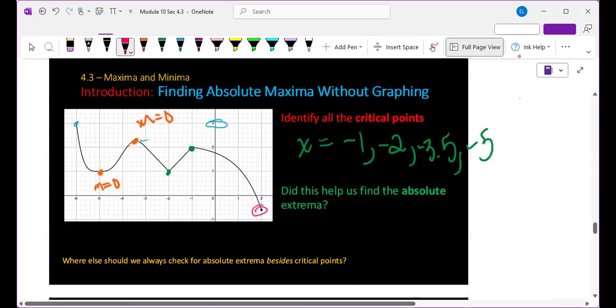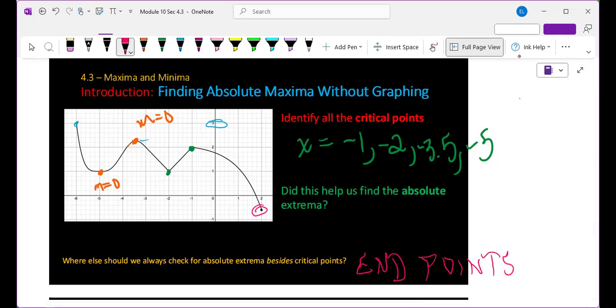So we can identify critical points, but when we're looking at a bounded function, the other place we have to check for the absolute extrema is the endpoints as well. It's like I just took you on a really weird tour through every way you could screw up these questions, with the hope being that by seeing the mistakes, you remember it when you're working these problems yourself.